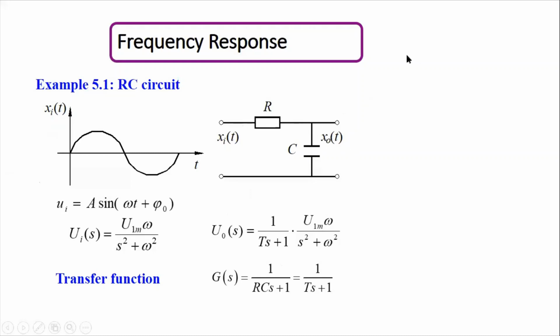So X naught of t is equal to 1 divided by c, what is the expression for voltage across a capacitor? 1 by c into integration of I dt. Yes, that is X naught of t.